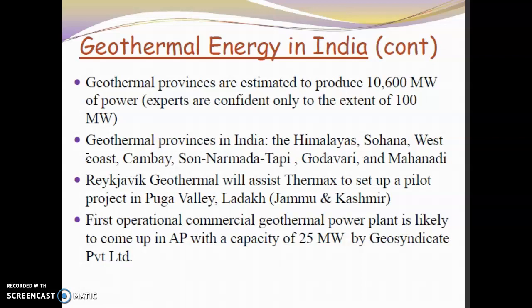Reykjavik Geothermal will assist Thermax to set up a pilot project in Puga Valley, Ladakh, in Jammu and Kashmir. The first operational commercial geothermal power plant is likely to come up in Andhra Pradesh with a capacity of 25 megawatt by Geo Syndicate Private Limited.